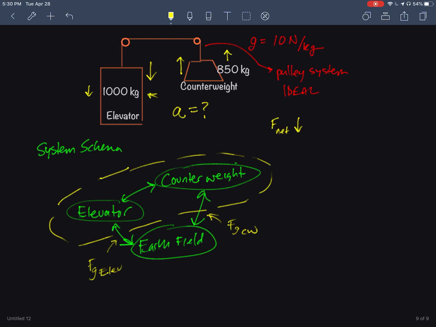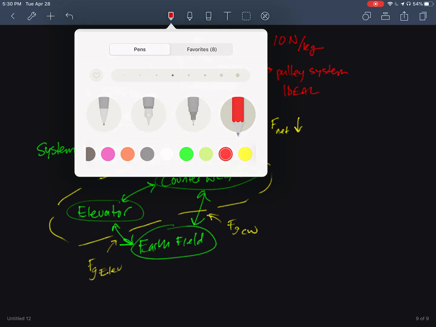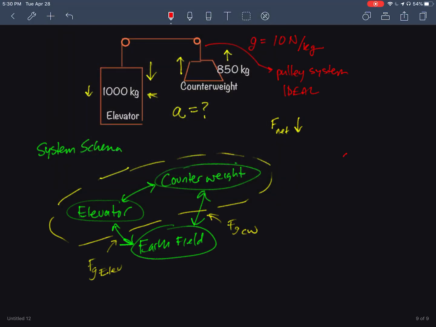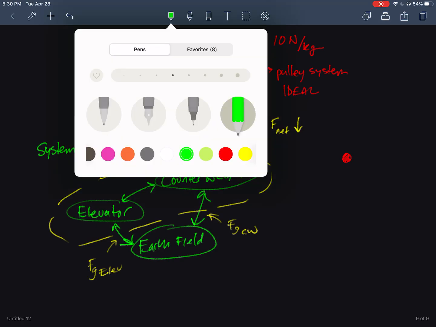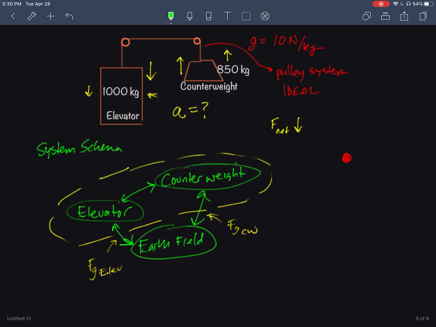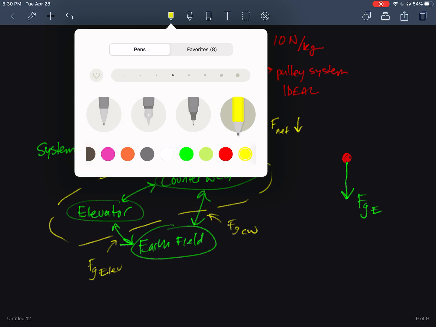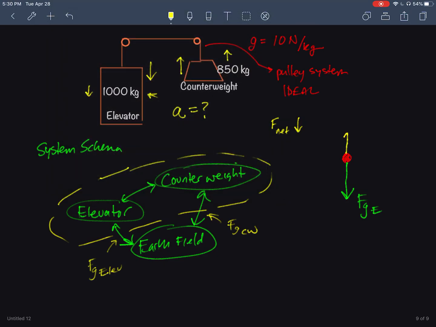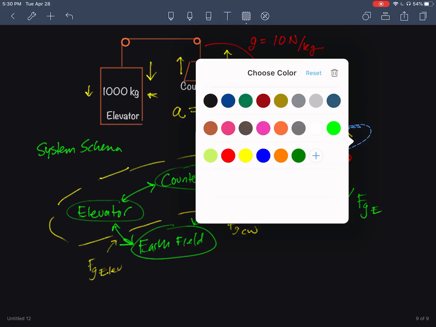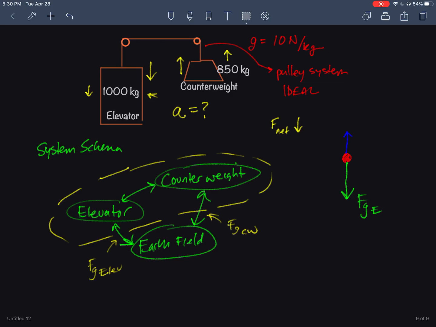If we think about the system being both the elevator and the counterweight, we can squish them into a tiny little conceptual blob that has no size, and then we can start putting arrows on it. This is our free body diagram. The weight of the elevator, we'll call that FGE, and the weight of the counterweight oppose each other. I don't like that color. Let me change that color to something a little more gross. Okay, perfect.